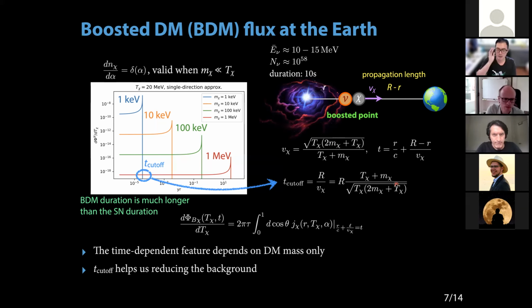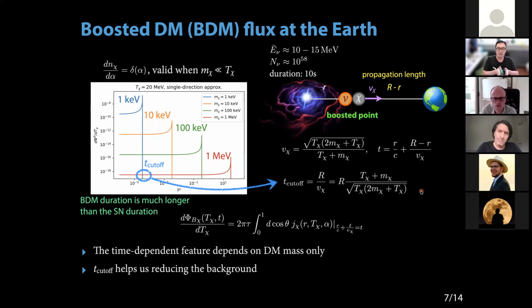So if we know what kind of dark matter mass we want to analyze with the data, then we can use this cutoff time to determine the detector exposure time. Because even if the exposure time is longer than the cutoff time, it only increases the background instead of the event rate.